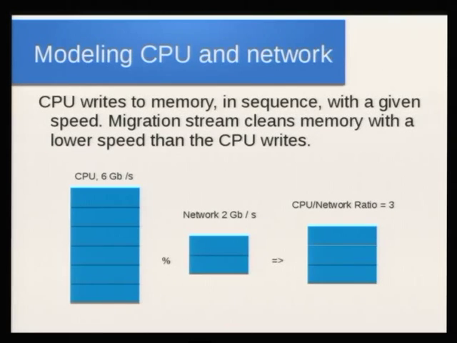About modeling, how do we model CPU and network? The CPU writes to memory in sequence with a given speed, and the migration stream cleans memory with a lower speed than the CPU writes. So there's a ratio between the CPU and network.